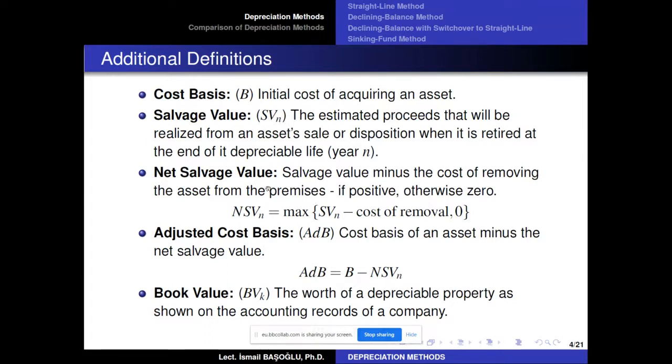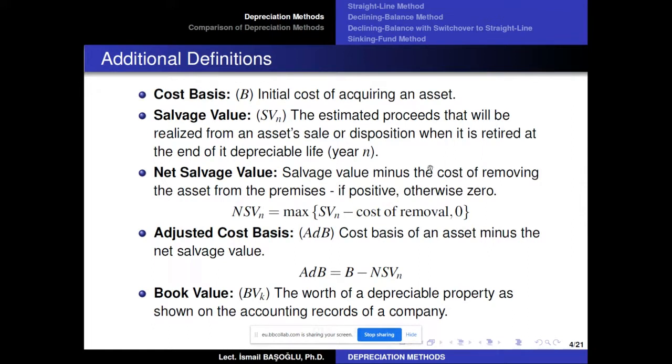Now, what is the net salvage value? Of course, there will be a salvage value from selling your second-hand machine at the end of n years. However, you are going to remove that asset from your premises at a cost.